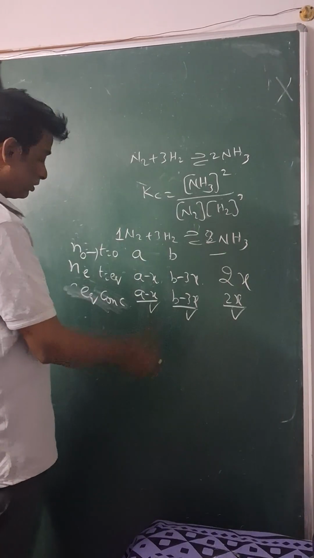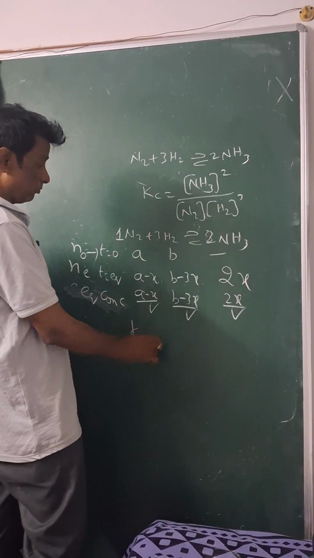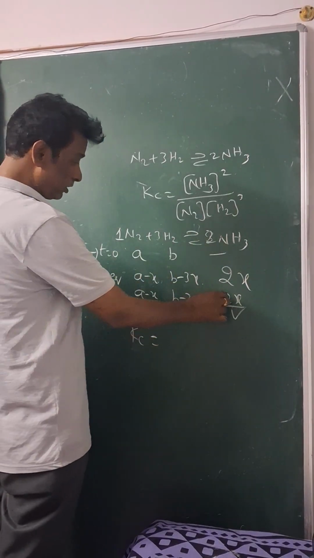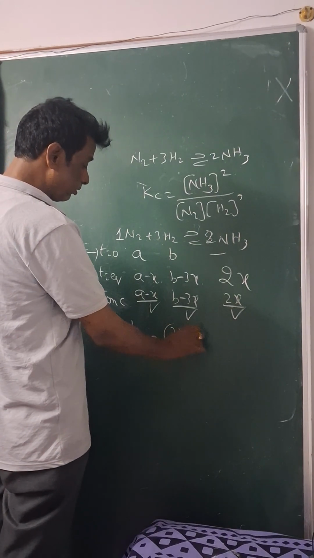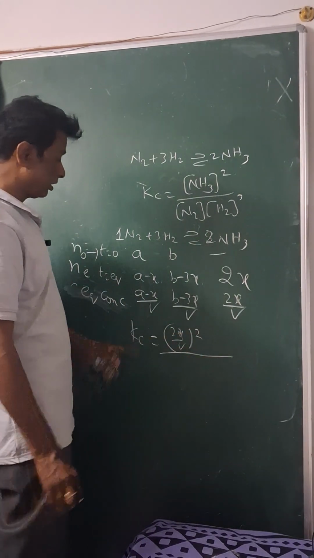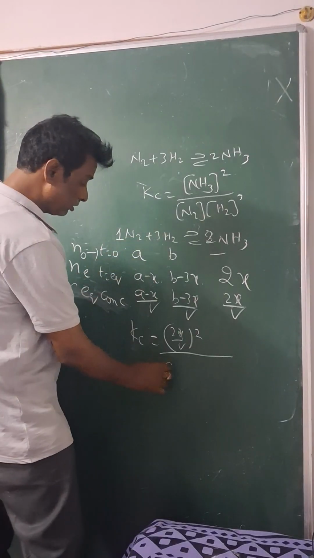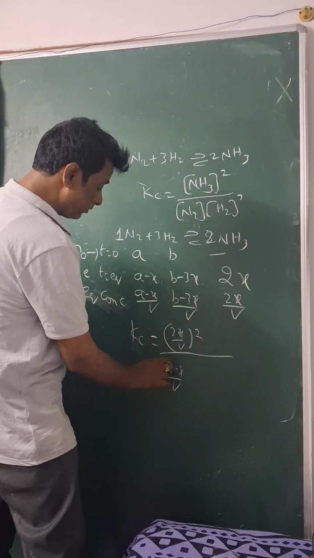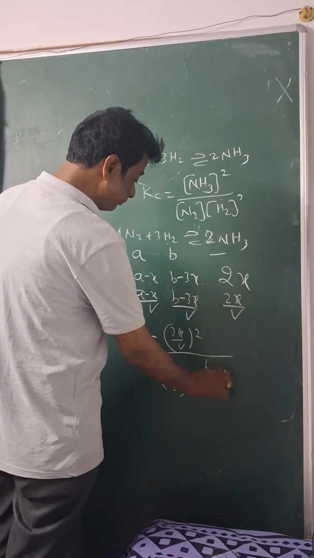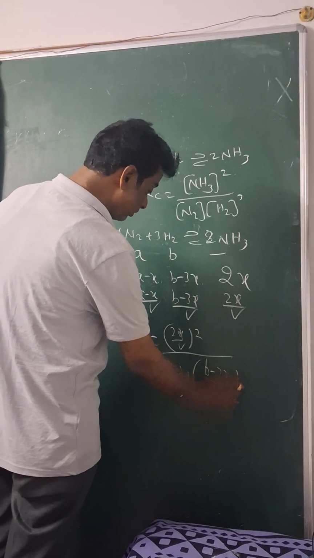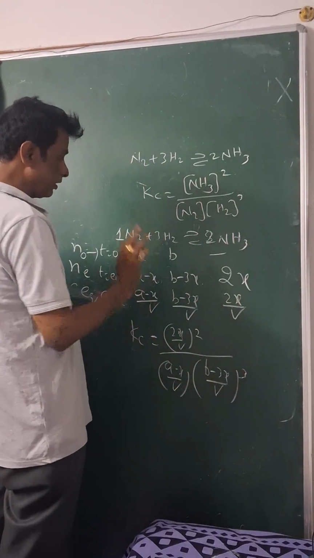So we want to find suppose Kc. Products by reactants. What is product here? Ammonia. 2X by V whole square. What are reactant here? Nitrogen, hydrogen. A minus X by V. Hydrogen B minus 3X by V. So X is given in the examination.